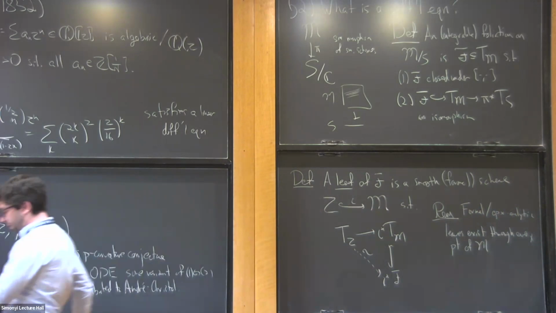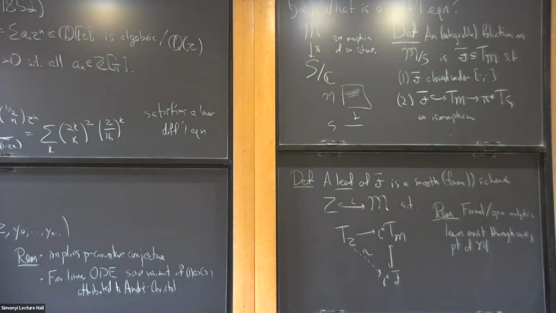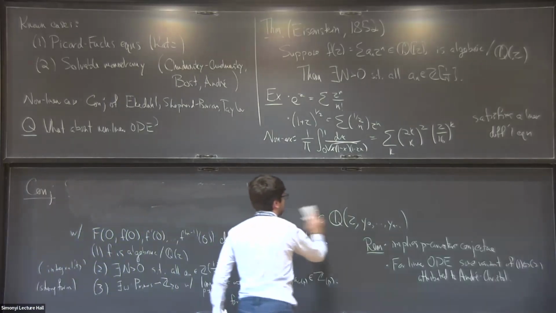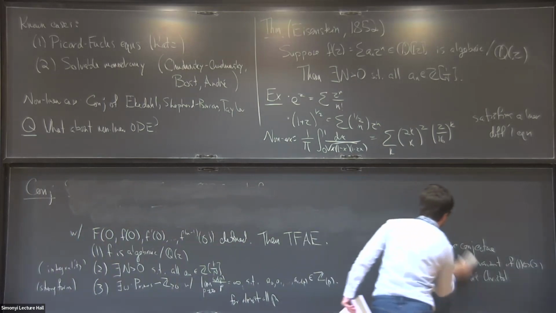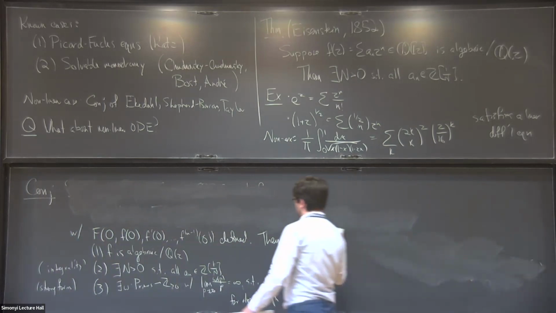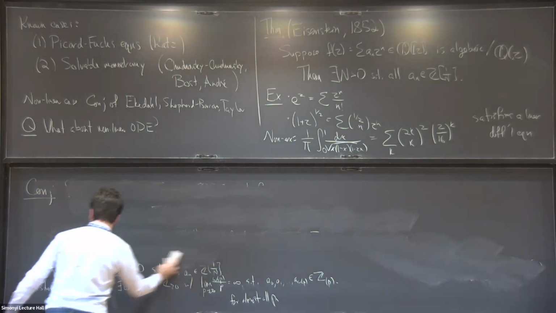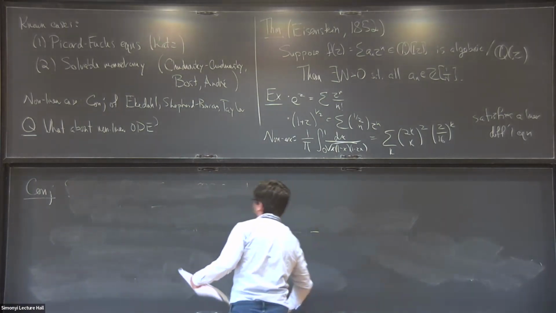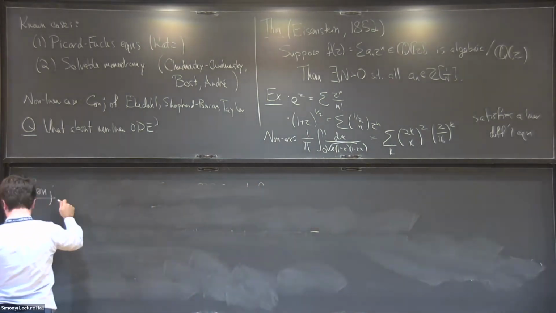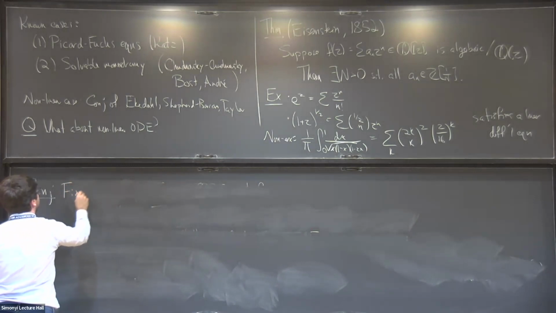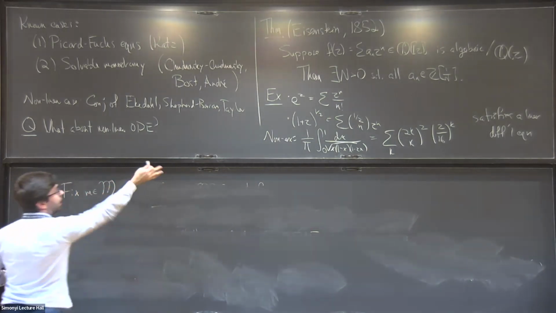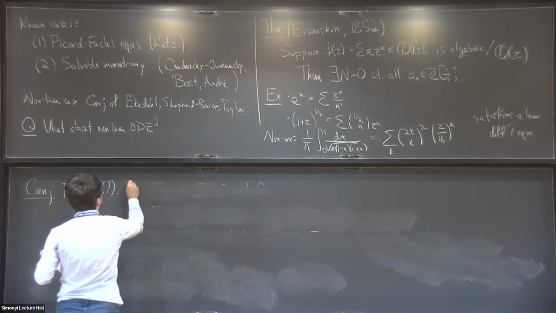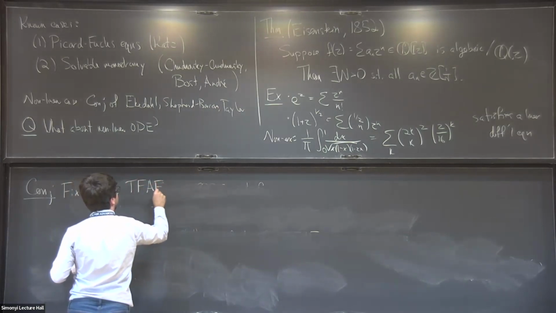So let me restate the conjecture in this language. Okay, so the conjecture is, fix some point little m in M. So we're in the setting over here where we're given a horizontal foliation on M over S, and pick a point of M. Then the conjecture is that the following are equivalent.